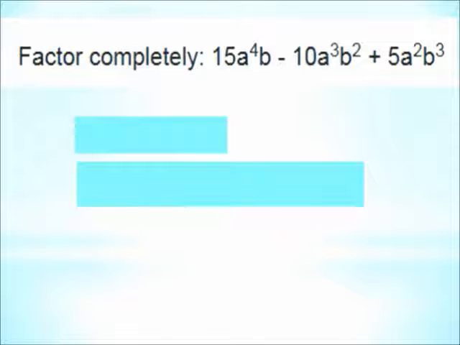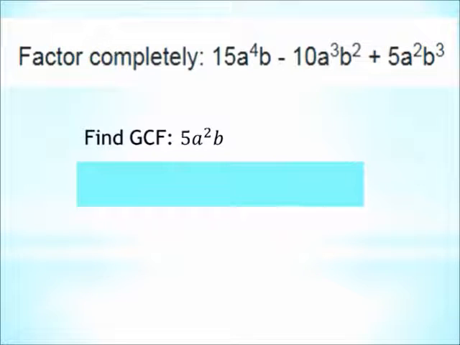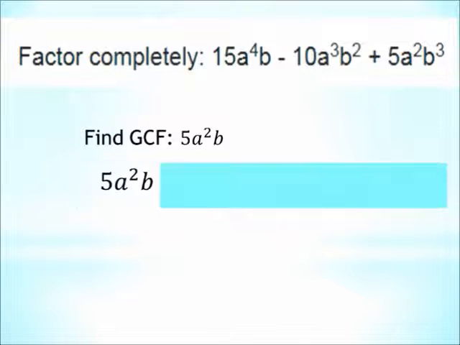So let's look at factoring this completely. Again, as we mentioned before, we want to look for our GCF. In this case, our GCF is 5a squared b. And then from there, first of all, we have to still represent our GCF.